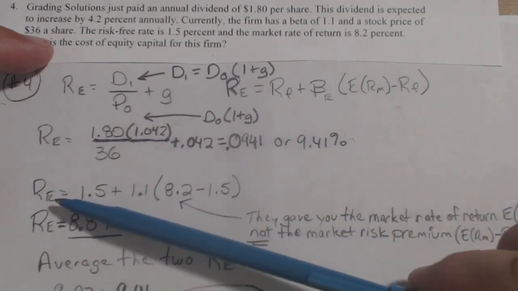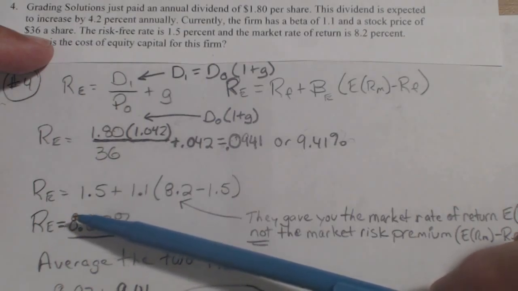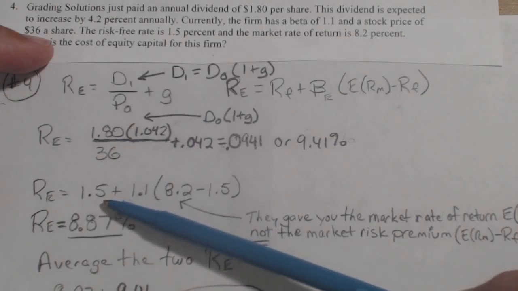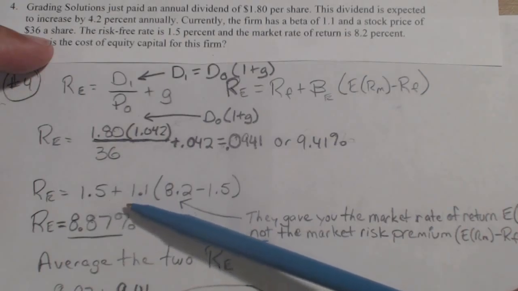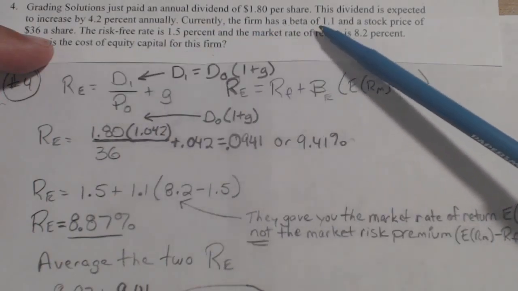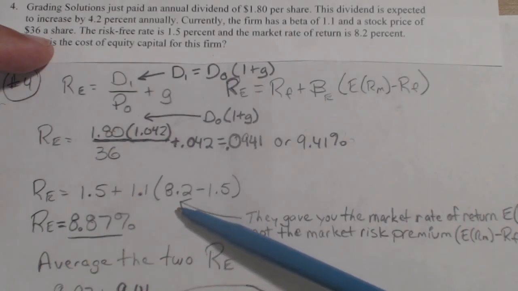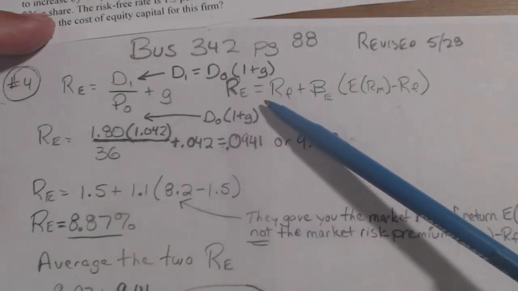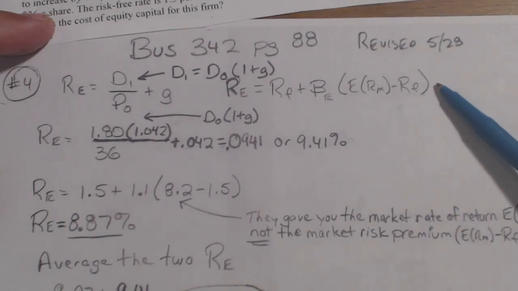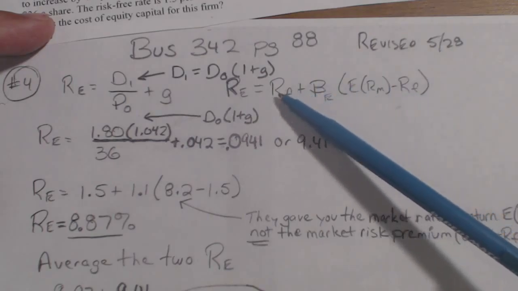We also do the security market line or CAPM method, which is RE equals the risk-free rate, RF, plus beta, which they tell you is 1.1, times the market risk premium. They tell you the risk-free rate is 1.5. Sometimes I put beta on this side, sometimes on that side. It doesn't matter. You multiply these together first before you add the RF.